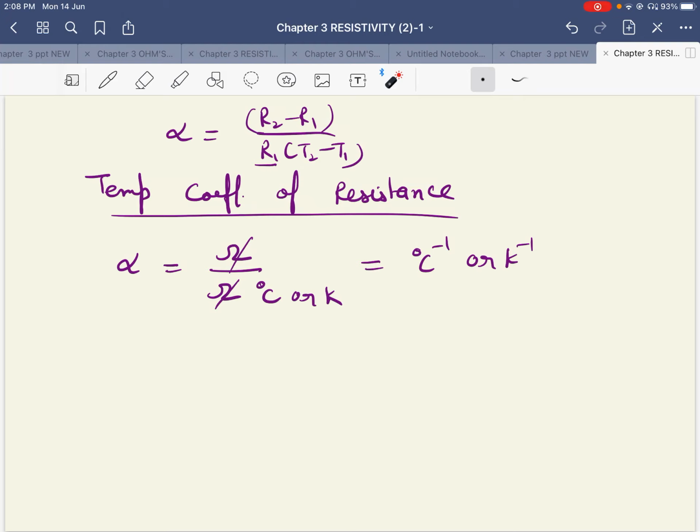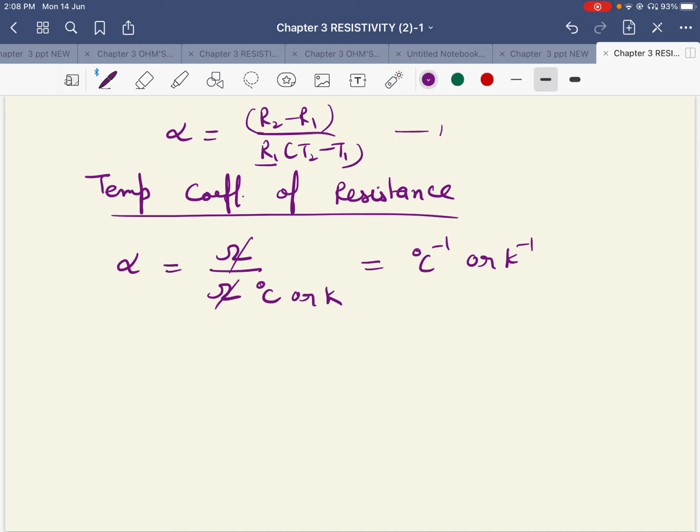Now from this formula we will discuss how the change in temperature will affect the resistance of a conductor. And one more point I want to add here, that is temperature coefficient of resistivity.